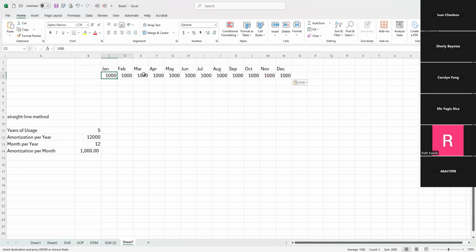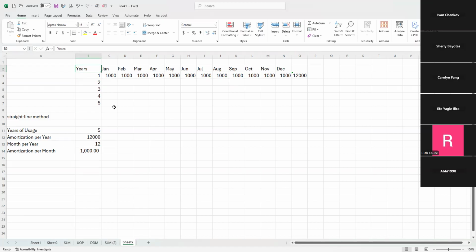Once we add everything, we're going to have $12,000. Our job is done. We have the amortization for the entire year. That will be year 1, year 2, year 3, year 4, year 5, because we have it for 5 years. Now, this is if we buy it in January.